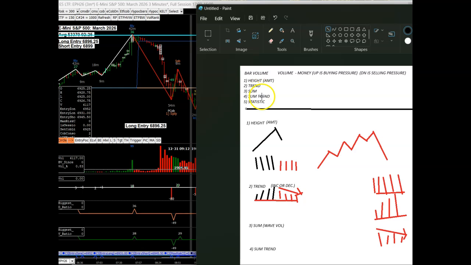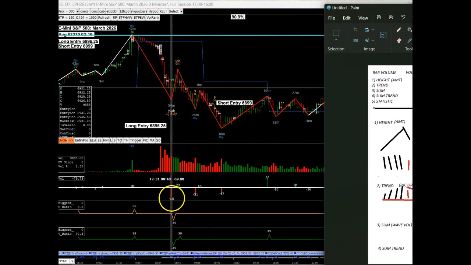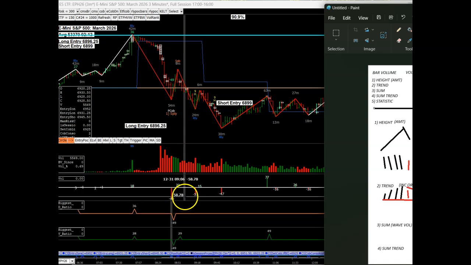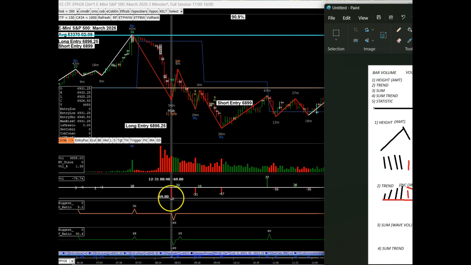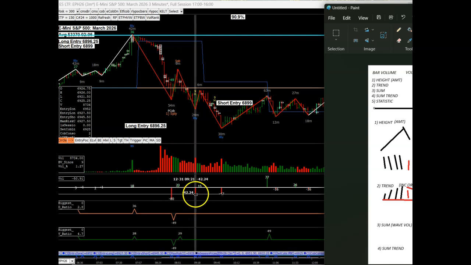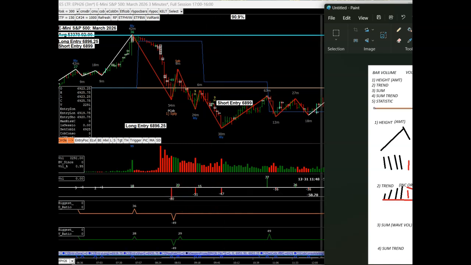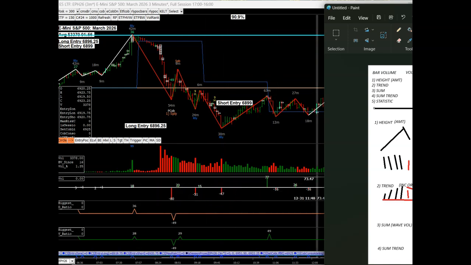That's the sum. Sum trend is when you compare the sum of the volumes of the down waves to other down waves and the up waves to other up waves. So the trend of the down wave volumes is 80, 51, and 47, which is decreasing. So that means selling pressure is tapering off.